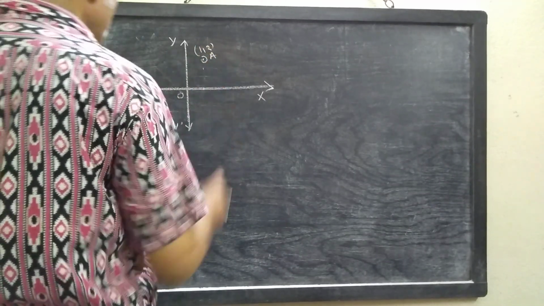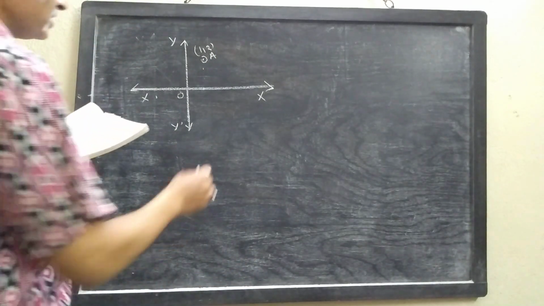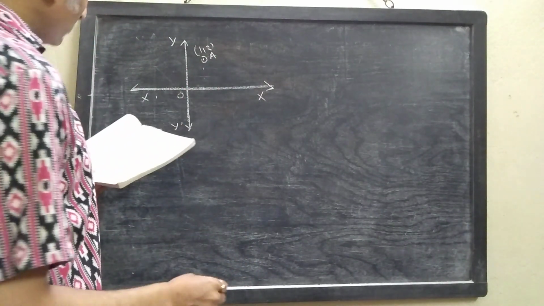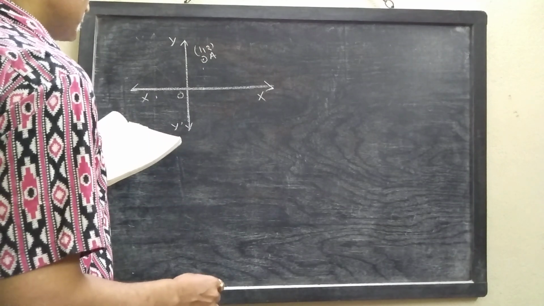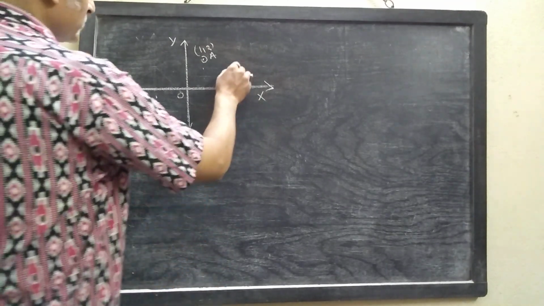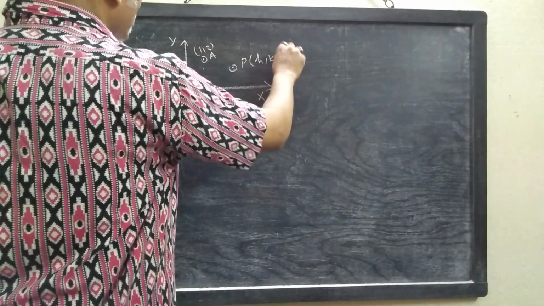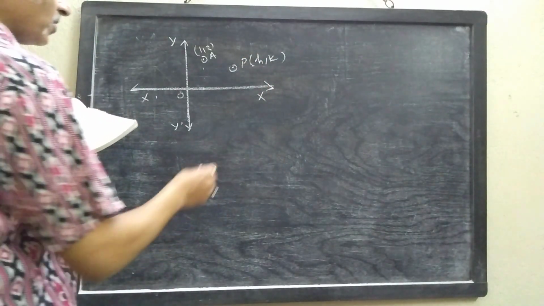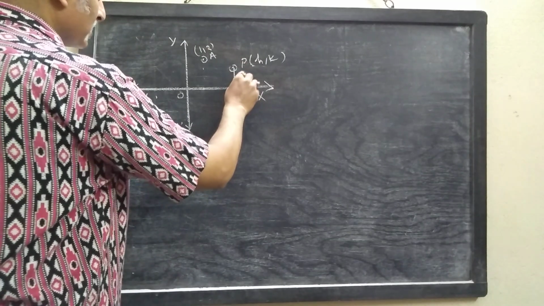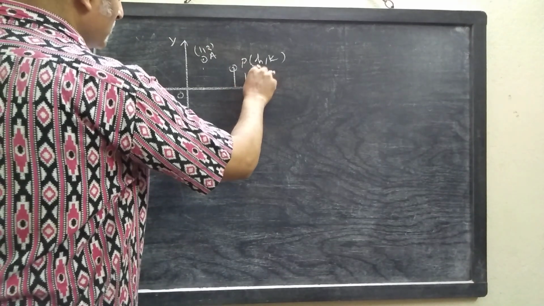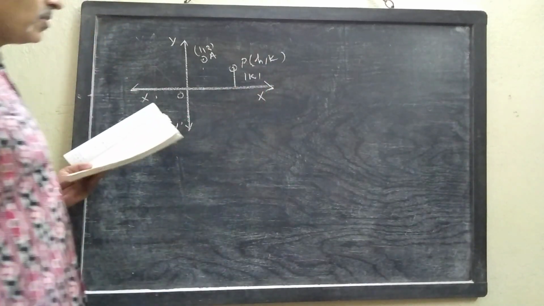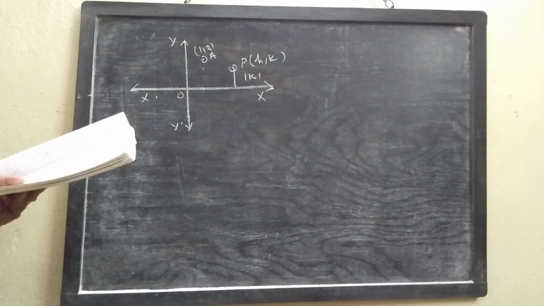Say this point is A, and your moving point is equidistant from the point (1, 3) and the x axis. This is the x axis. So let us take point P (h, k). What is the distance of this point from the x axis? This is mod k. Why? Because P may lie below the x axis, then this will be negative. So as it is distance, you have to write mod k.